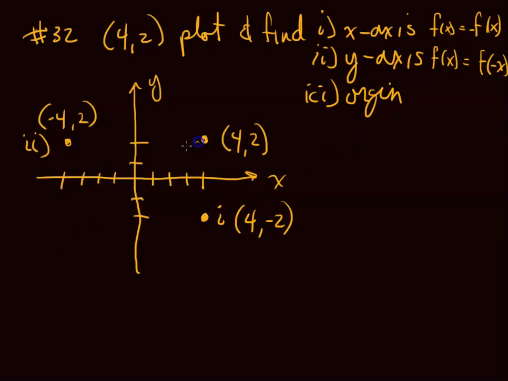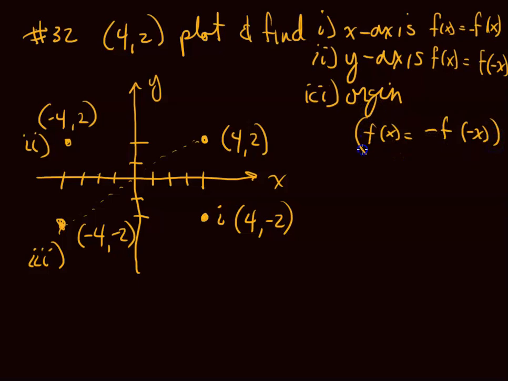So if we take this point and go through the origin the same distance away, we should wind up at negative 4, negative 2. So f of x equals a negative f of a negative x. So you get 4 steps there too by writing everything down.